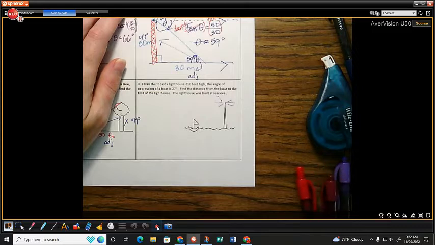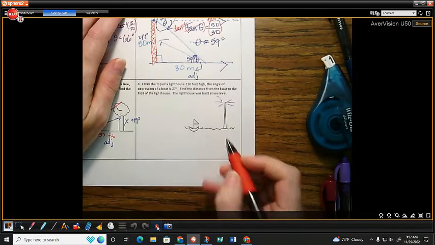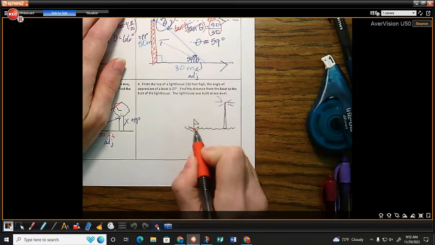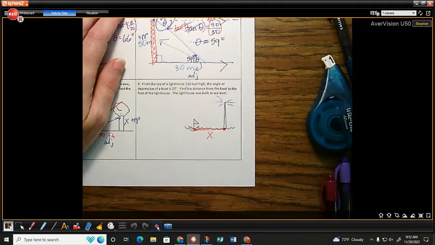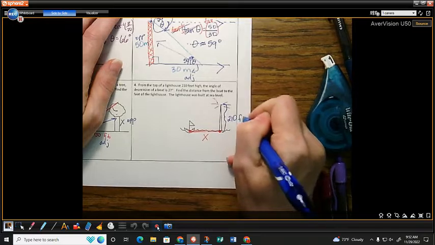That looks like a cell tower. I know, it does not look like a lighthouse, but whatever. I want to find the distance from the boat to the foot of the lighthouse. So this is the distance I'm looking for. I know that the lighthouse is 210 feet tall.